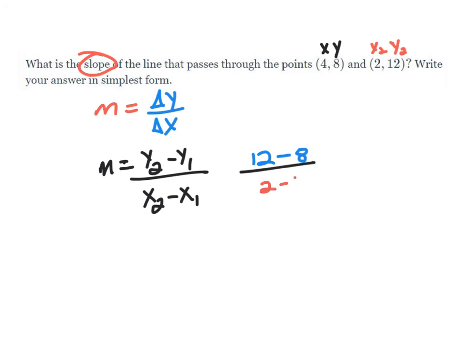When we work that out, in the numerator, 12 minus 8 is going to be 4, over, and then 2 minus 4 is -2. Now we're going to simplify this. 4 divided by 2 is 2, and remember that we have a negative here. So 4 over -2 is equal to -2. So the slope is -2.